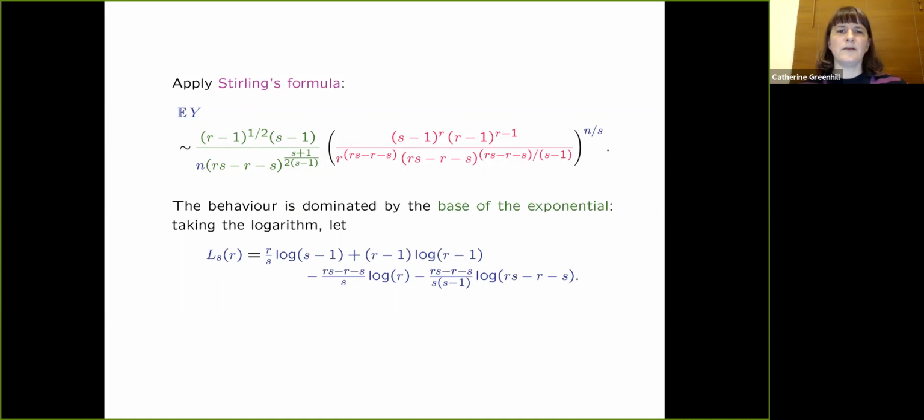If that pink stuff is less than 1, then the expected value is tending to 0 very fast. Even if it's equal to 1, the expected value tends to 0 because it'll be a constant on n. And when the pink stuff is bigger than 1, then the expected value grows. So we need to study the base of the exponential. We take the logarithm and we prove some facts about this function.